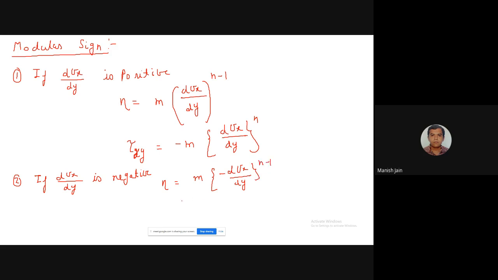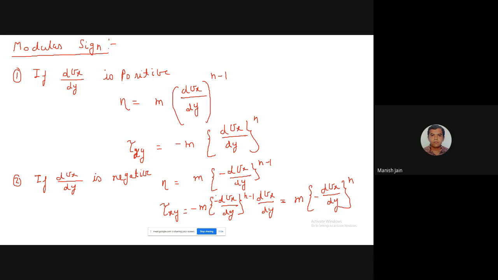Okay, in this case, when you write tau xy, it will become minus m in bracket (minus dvx by dy) to the power n minus 1 multiplied by dvx by dy, and if you write this equation again, it will become m multiplied by in bracket (minus dvx by dy) to the power n.